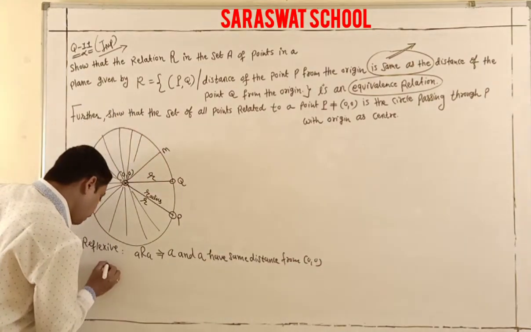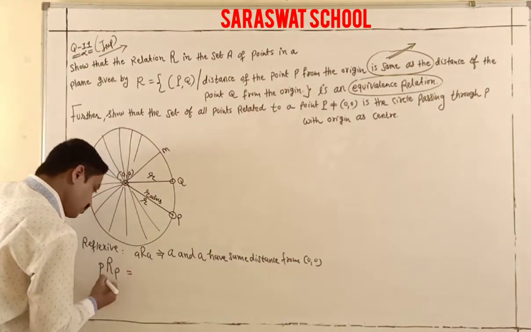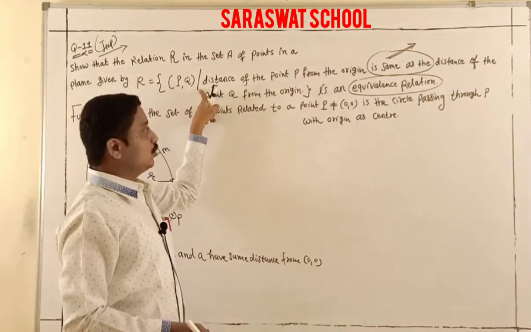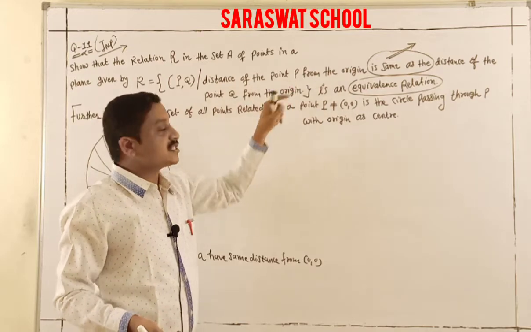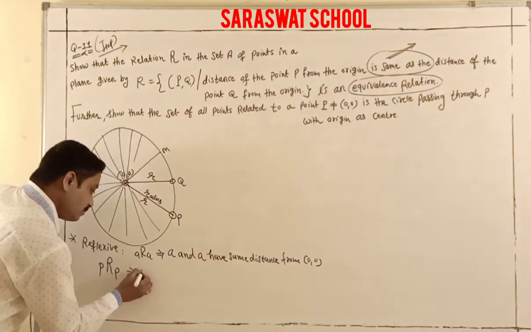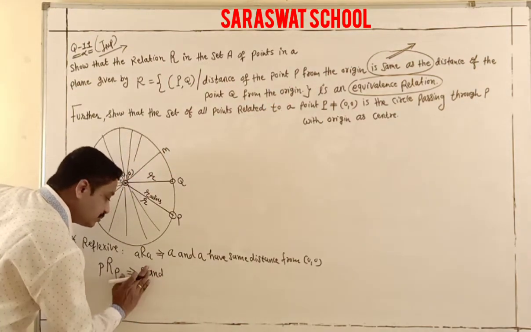Either you can say P relation P. Here actually P and Q are given, but I write down reflexive, so P and P. So this distance is the same. P means point.